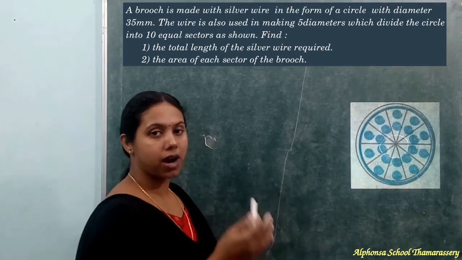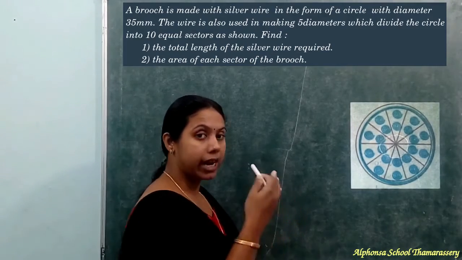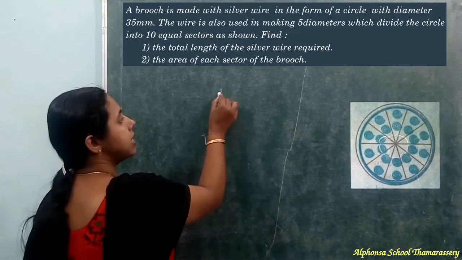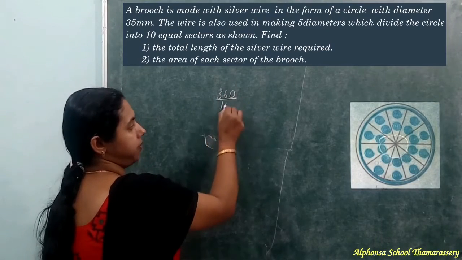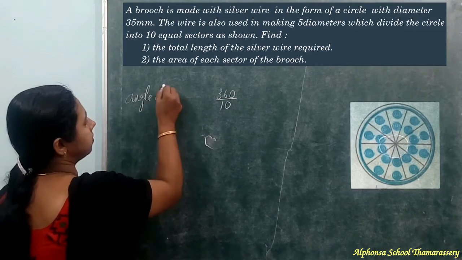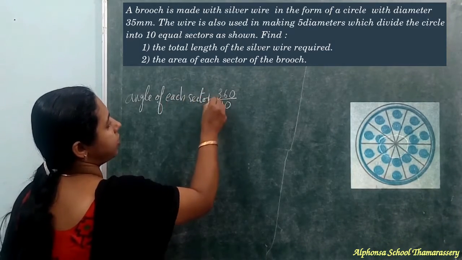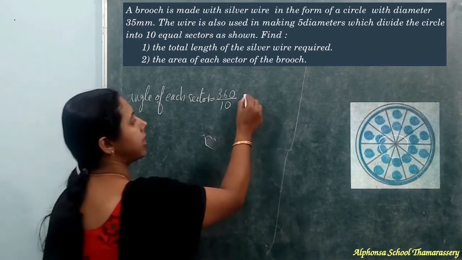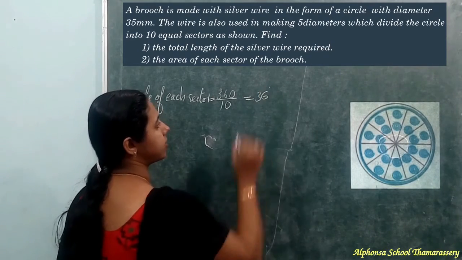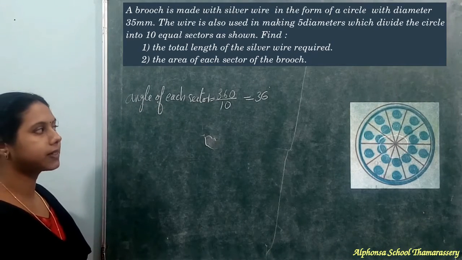That circle is divided into 10 equal sectors, so the angle of each sector will be 360 by 10. Angle of each sector is equal to 360 by 10, that is equal to 36 degree.